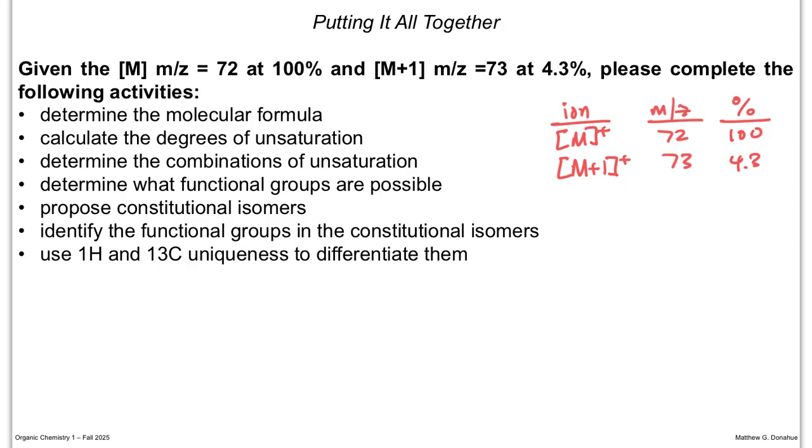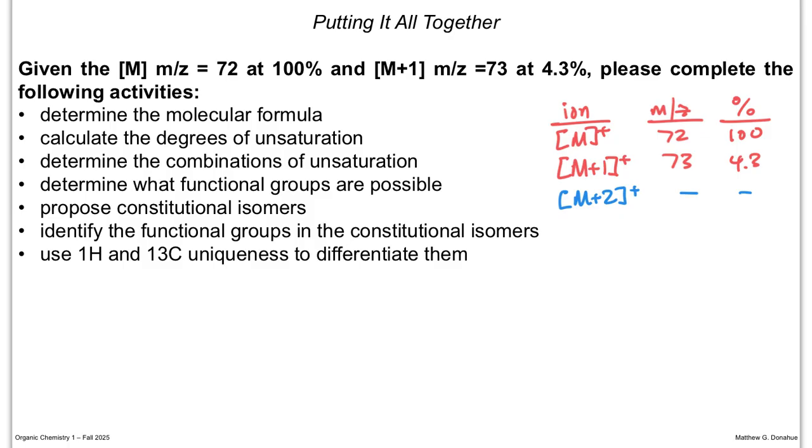We know there's C, we know there's H. The mass is even, so we're going to assume that there's no odd number of nitrogens. There's no M+2 data given. So therefore, there's no chlorine, there's no bromine.